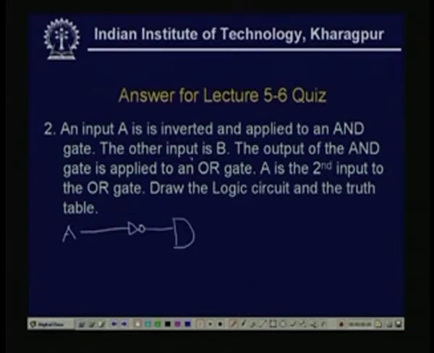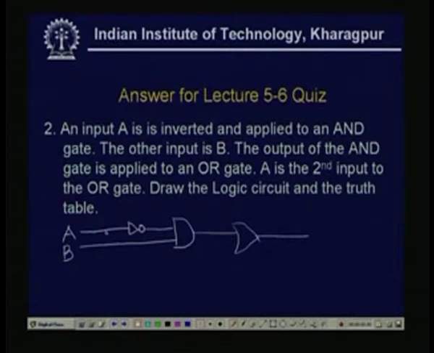The other input is B. So, this is my other input. The output of the AND gate is applied to an OR gate. So, this is my OR gate.